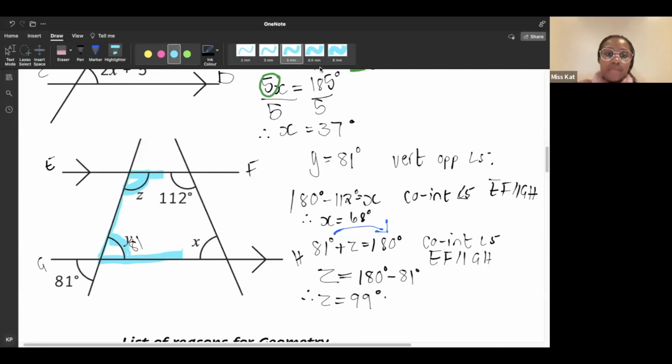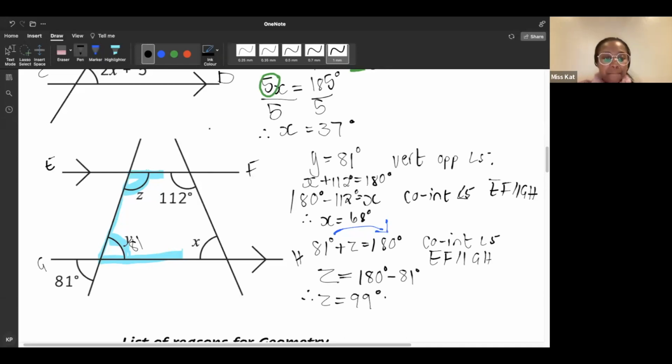Why did you minus 180 with 112? The previous step would be x plus 112 equals 180. Do you see it?